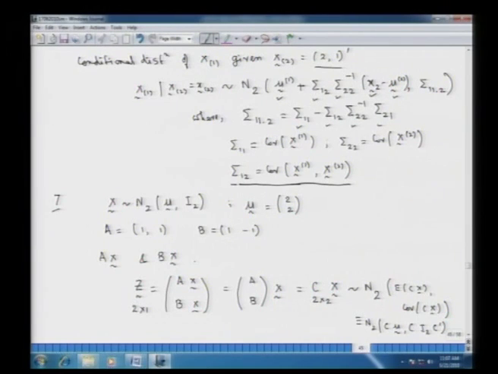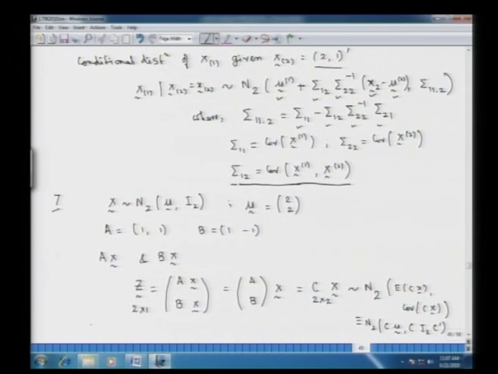Well, this is simple in this particular problem, but a better way would be to compute the covariance of these two elements. If the covariance is 0, then the two random variables are going to be independent, because the joint distribution is a multivariate normal distribution.